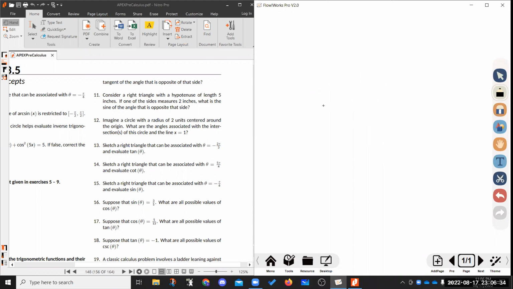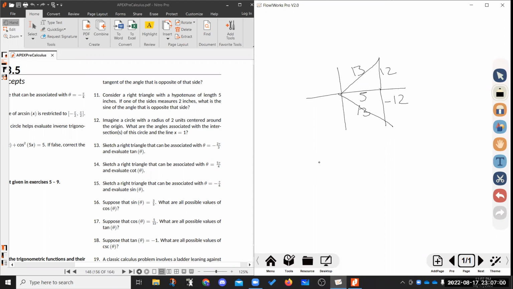Number 17 says suppose that cosine is 5/13. 5/13, this is a 5, 12, 13 right triangle. So I'm going to have a positive cosine value. So I'm either in quadrant 1 or 4.